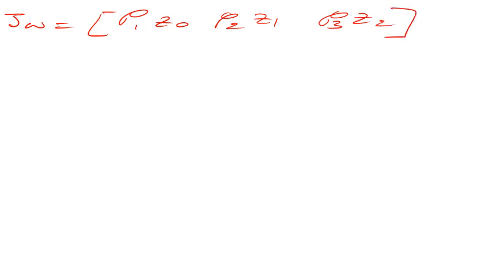Rho 1 for our case is a revolute joint, so the value of rho 1 should be 1. Rho 2 is 1 as well because it's a revolute joint. Rho 3 equals 0 because it's a prismatic joint.